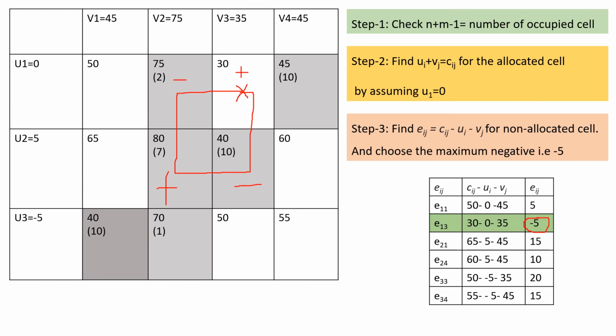Let's compare the minus signs, that is 2 and 10. 2 is less, so we have to subtract 2 on the minus signs, and here we have added 2. Here we subtract 2 from 10, so we get 8, and here we add 2 to 7, it becomes 9, right? So here it becomes 9.